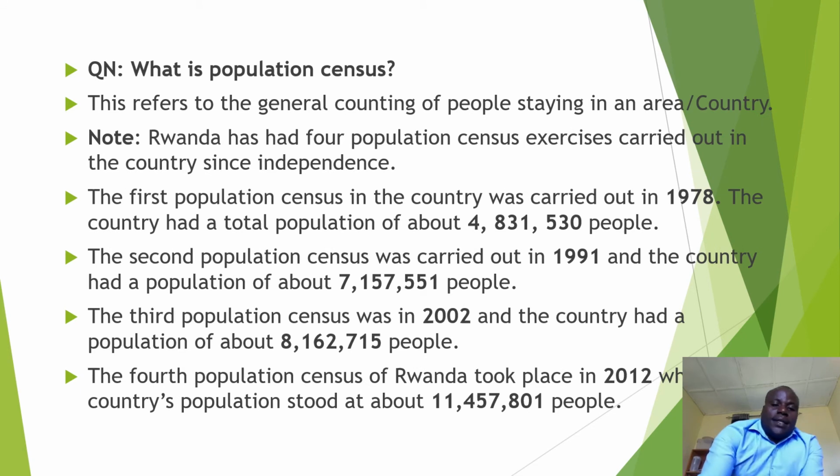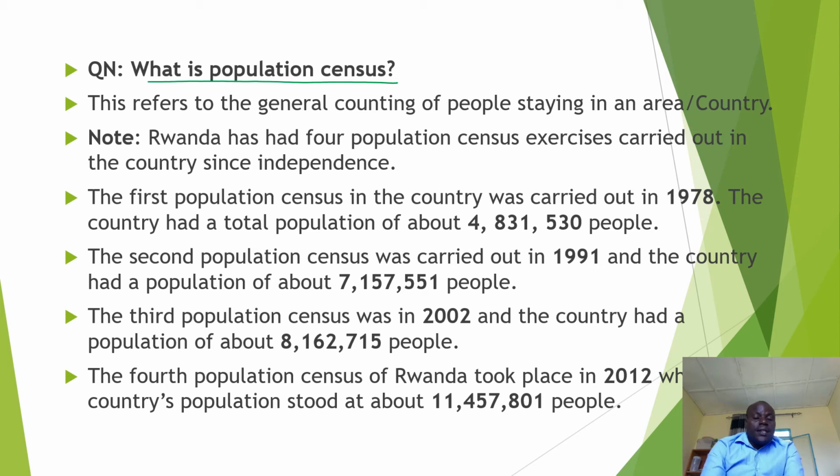So what is population census? Population census refers to the general counting of people in an area or in a country. This is always conducted, I think, after every 10 years.